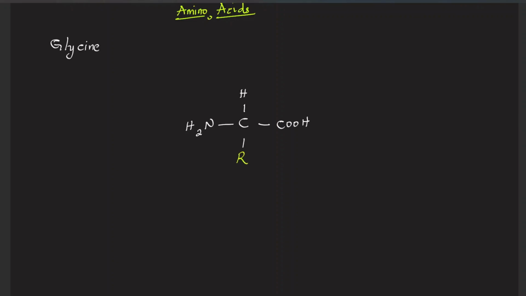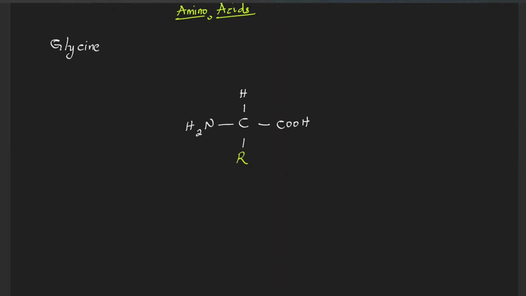Now the R group is what changes for each of the amino acids. So different amino acids have different R groups, and that gives them their specific properties and identities. So every amino acid has these 3 groups on the outside and then the R group right there.